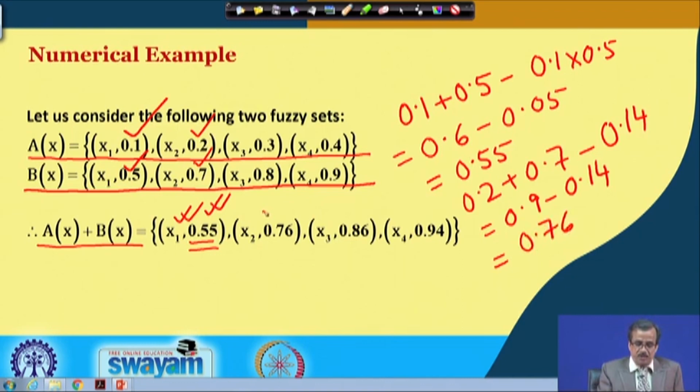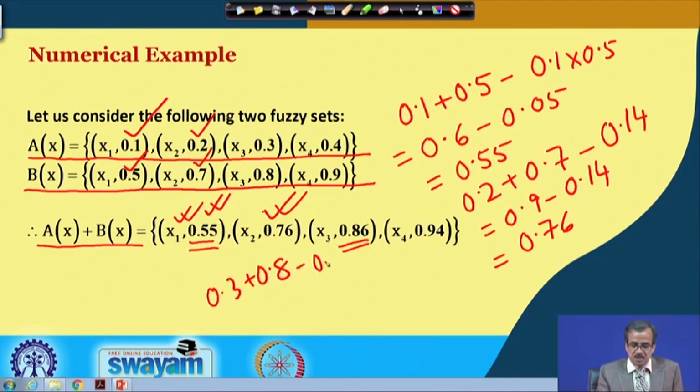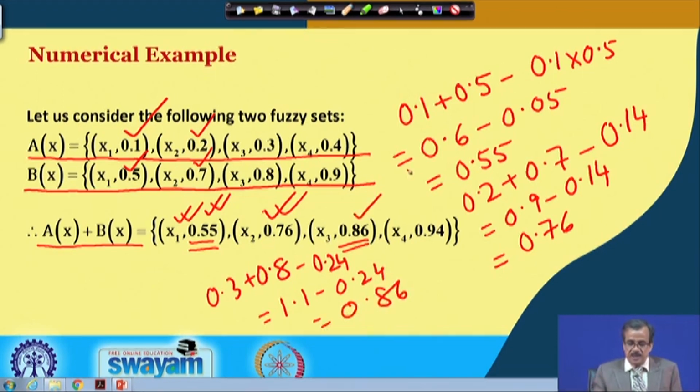Corresponding to x3, it will become 0.3 plus 0.8 minus 0.24, which is 1.1 minus 0.24, that is 0.86. Similarly, by following the same method corresponding to x4, I will get 0.94. So, this is the way we can find out A(x) plus B(x).